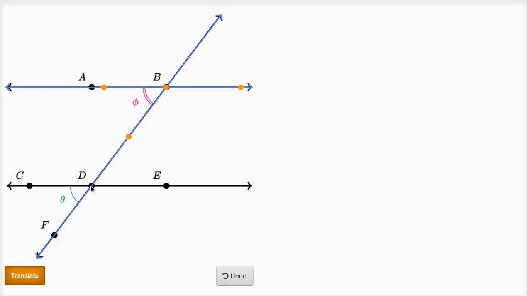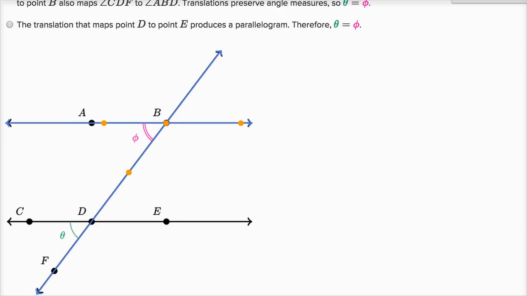So this is one way to think about it. I just translated the point D to B, and it really just translated angle CDF over to angle ABD, to show that these have the same measure, or at least to feel good about the idea of them having the same measure. So let's see which choices describe that.